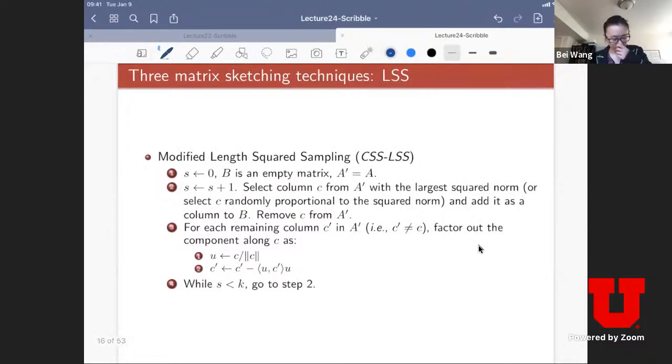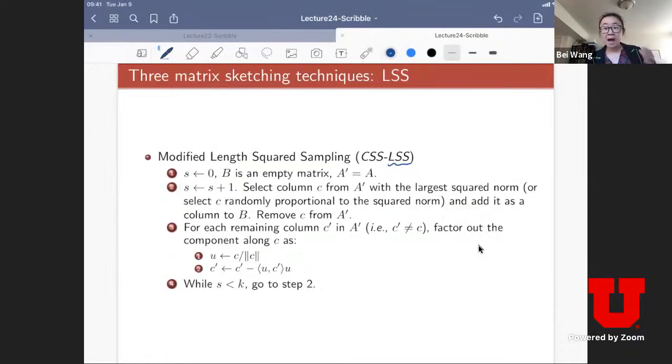I will only explain one of them, and the others all boil down to matrix operations. This is CSS, corresponding to column subset selection, which has two different variants of how you implement it. The one that I'm explaining now is called modified length squared sampling.